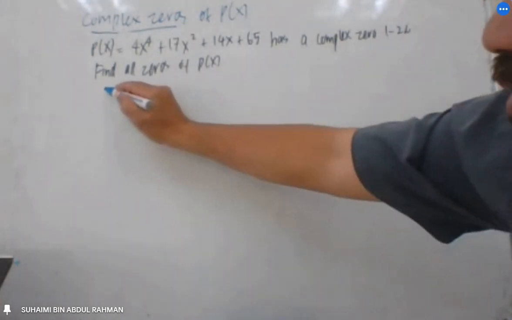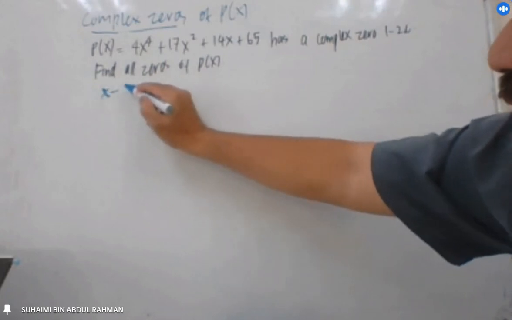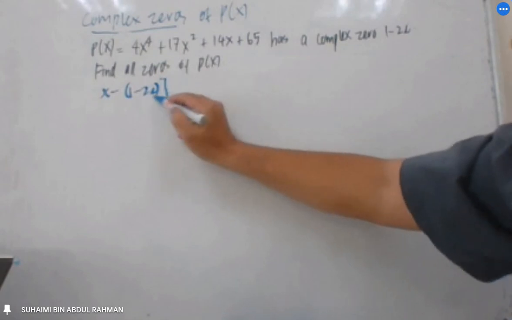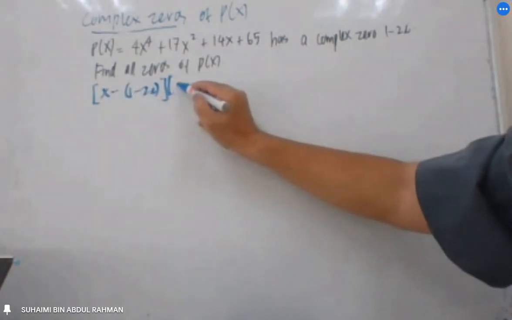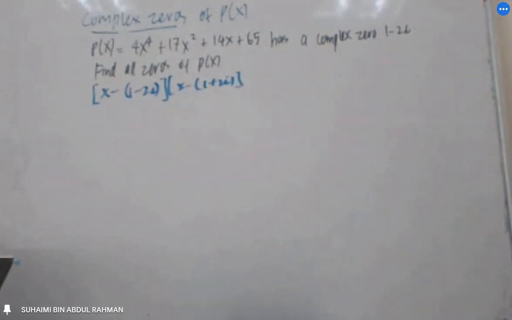So what you want to divide by is x minus (1 minus 2i) and x minus (1 plus 2i).